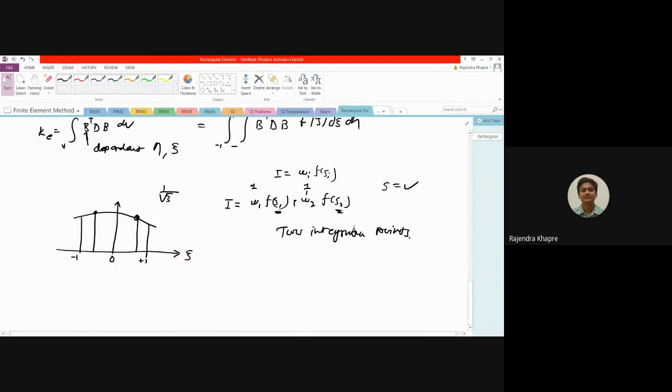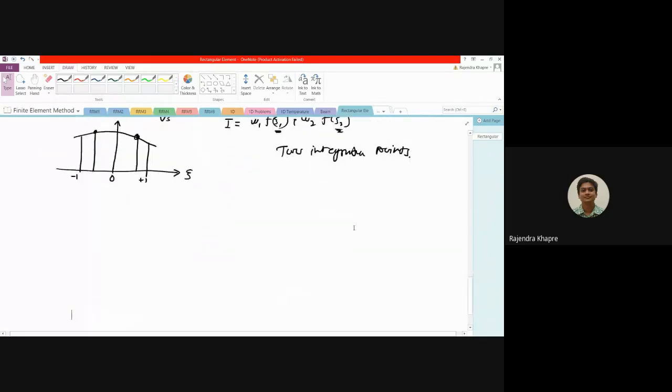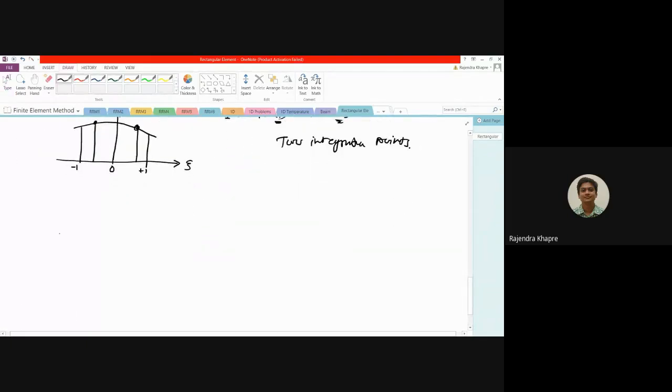Here, in place of two integration points, because that was 1D, if this is your element, a square element of size 2 by 2, and here is your origin, you have to integrate at 4 different points, because this is a two-dimensional figure. One point here, one here, one here, and one here.